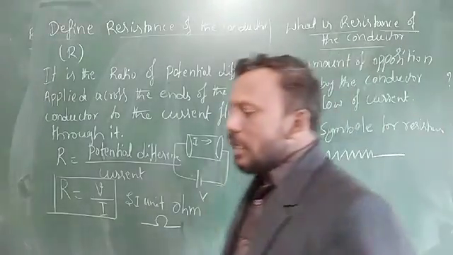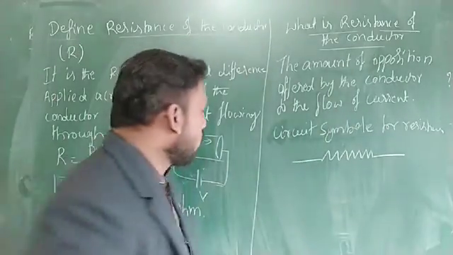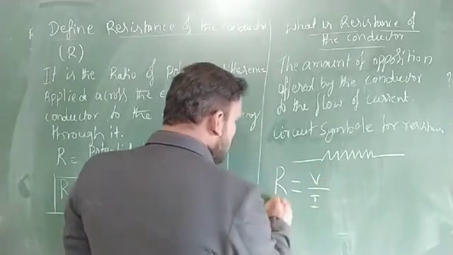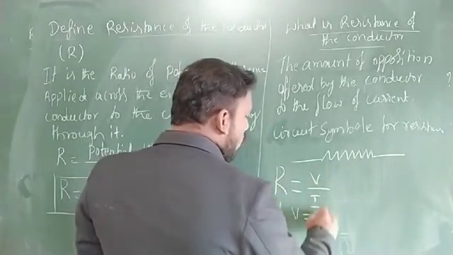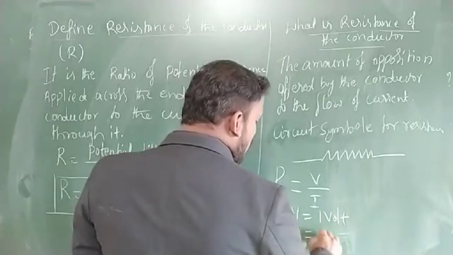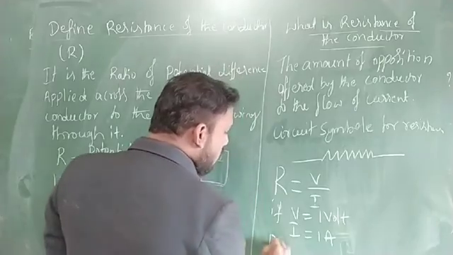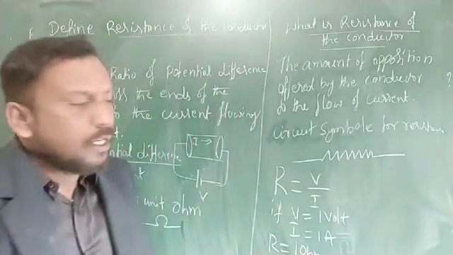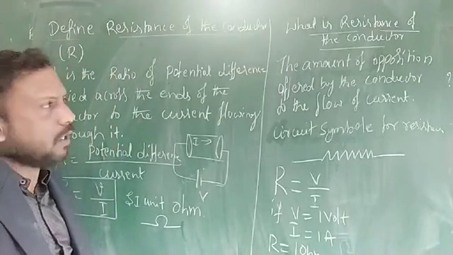Next, R is equal to V divided by I. If V is equal to 1 volt and I is equal to 1 ampere, then R is equal to 1 ohm. Define 1 ohm.